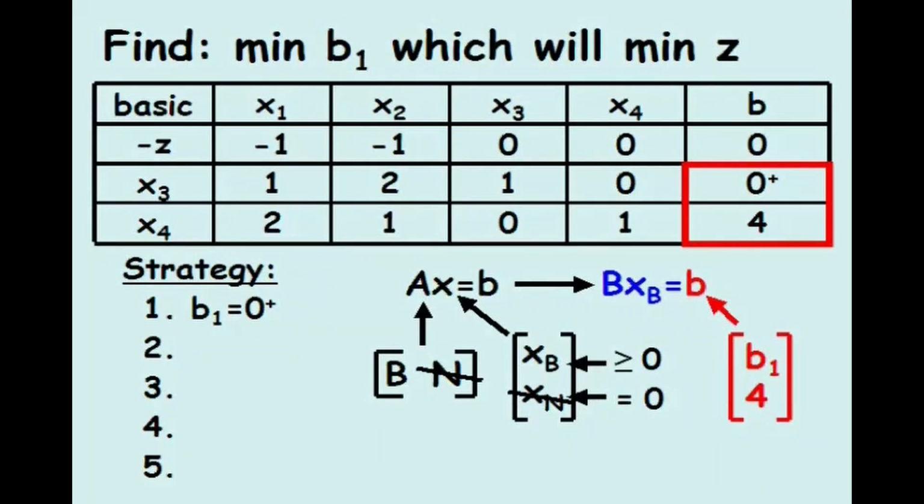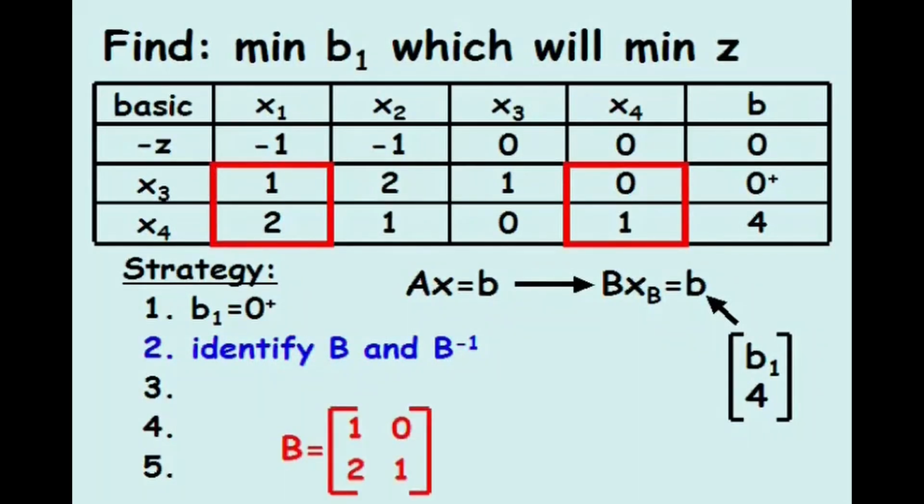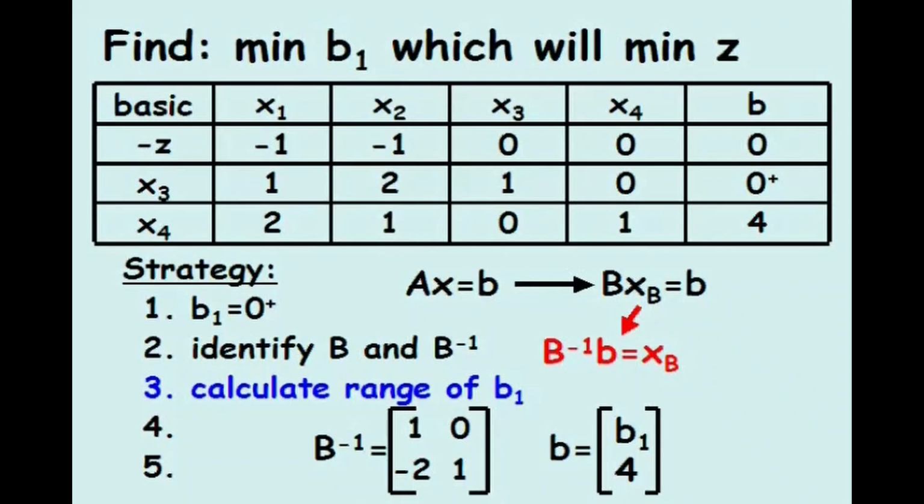The second step is to identify B and B inverse. We've already identified matrix B from the tableau, and we can calculate B inverse, which is the adjugate of matrix B divided by the determinant of matrix B. The third step is to calculate the range of B1 values which are feasible for the basis B. To do so, we'll solve for xB, which equals B inverse b.